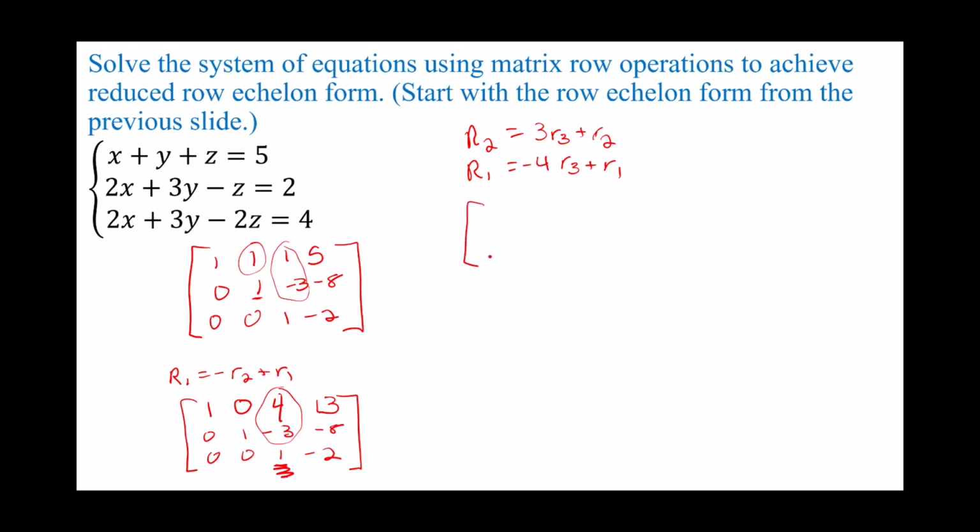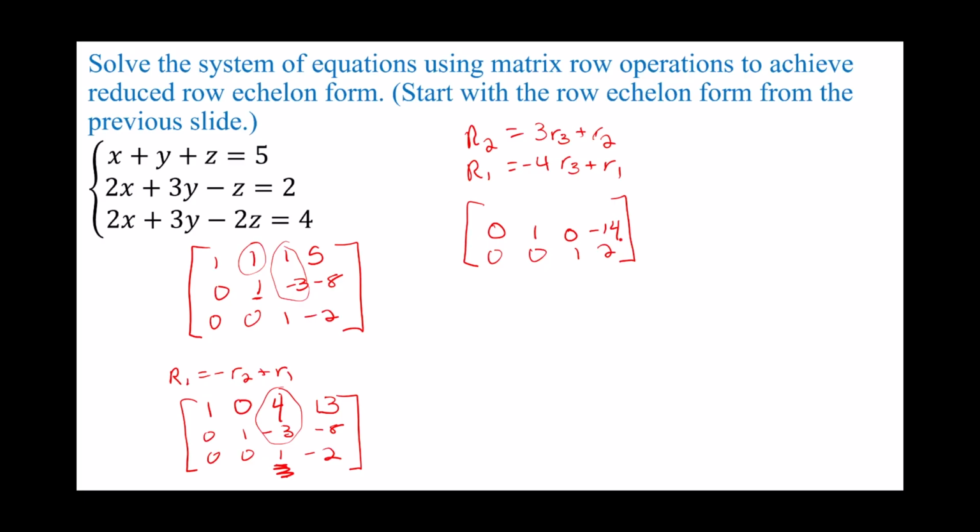So this time my row 3 is staying the same, 0, 0, 1, negative 2. My new row 2 is 3 row 3 plus row 2. So 3 times 0 plus 0 is still 0. 3 times 0 plus 1 is 1. 3 times 1 plus negative 3 is 0. And 3 times negative 2 is negative 6, plus negative 8 is negative 14.